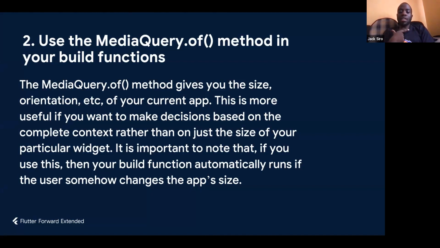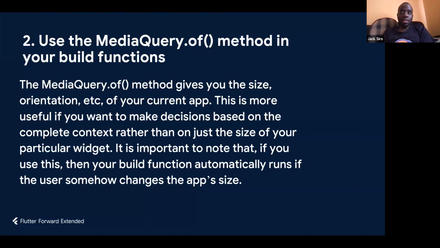It's important to note that if you use this, then your build function automatically runs if the user somehow changes the app's size or the screen orientation. So you need to optimize your app so that whatever it will be building, it will not be consuming a lot of memory.